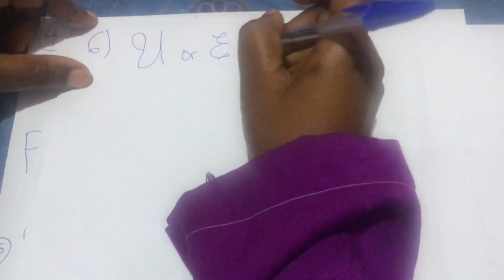So let's go to example 6. If we want to talk about complements of sets, there's no way you will not deal with the universal set.